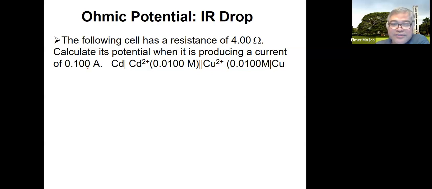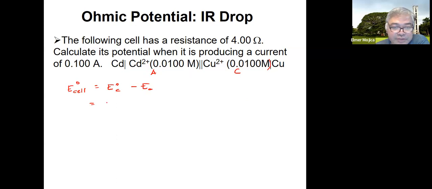Based on this one, this is your anode, this is your cathode. So the cell potential, E cell, equals, let's say you don't know the value here, E cathode minus E anode.